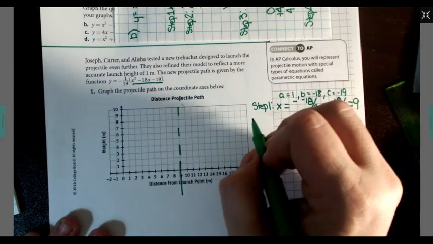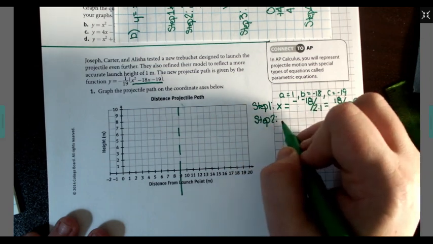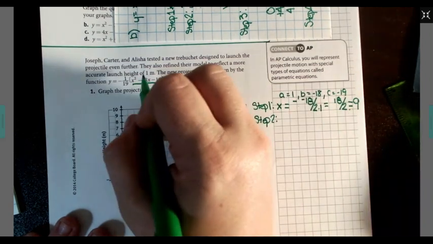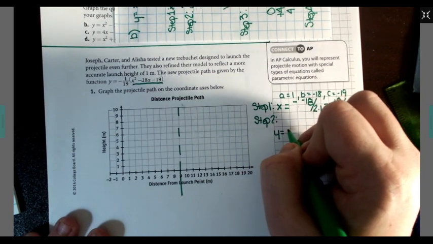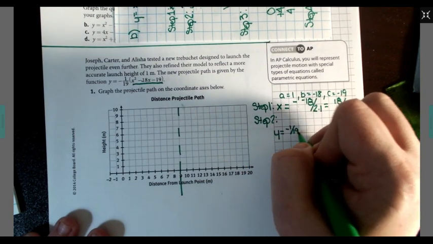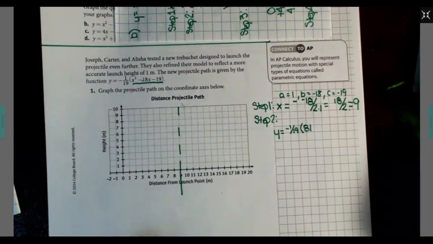Okay. Step 2, we're going to find our vertex. So we're going to plug 9 into our equation here. So y equals -1/19. 9 squared is 81. 18 times 9 is 162.